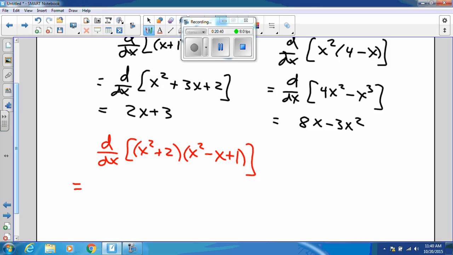If you could skip steps in your head, you're allowed to skip steps for polynomials. That's the only thing you're allowed to skip steps on.